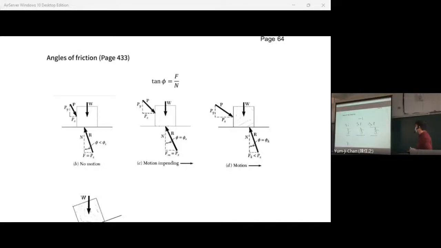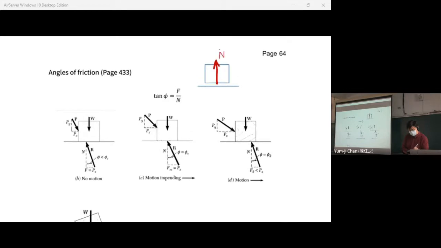So let's take a look at the next part, angle of friction. In our analysis, we talk about the normal force and the friction force.